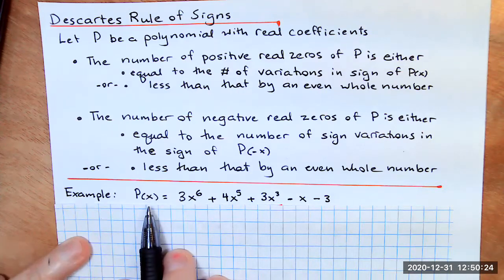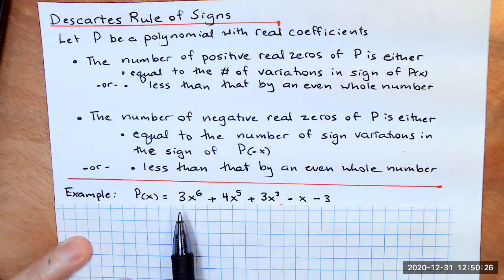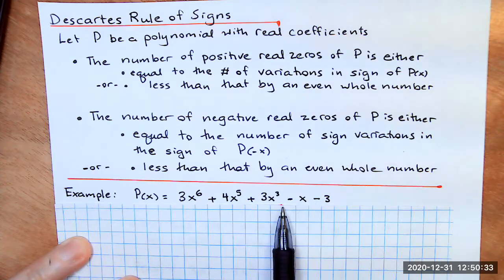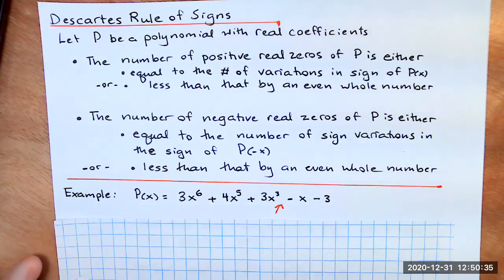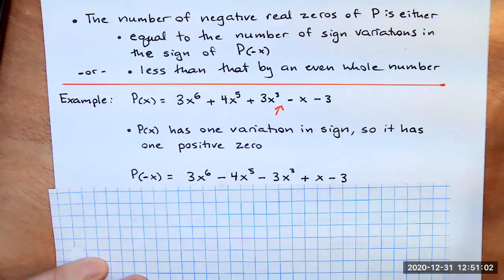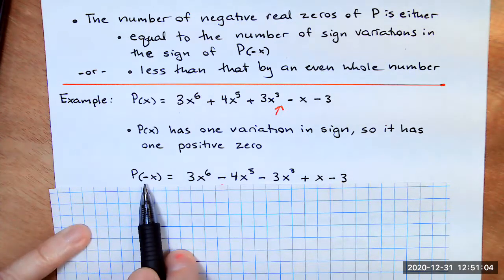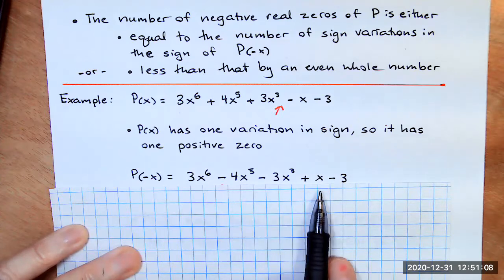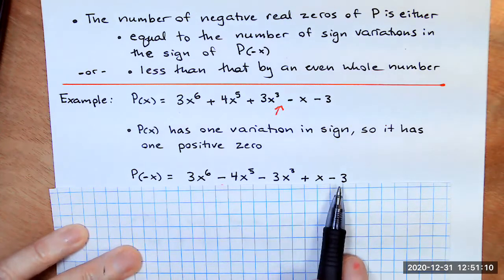So we look at our polynomial and we say, how many times does the sign change? So it only changes once. That means it has one positive zero. Then you plug in negative x, and how many times does the sign change?